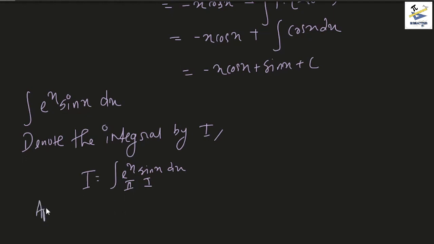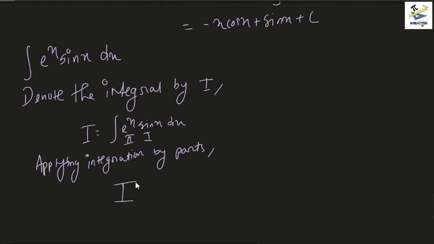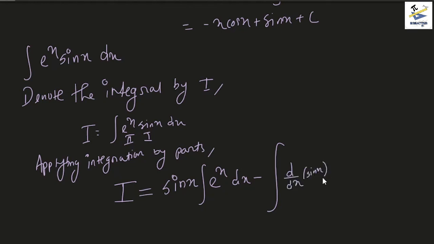So applying IBP, or integration by parts, what we have is: I equals sin x into the integral of e to the power x dx, minus d/dx of sin x into the integral of e to the power x dx, integrated dx, right?